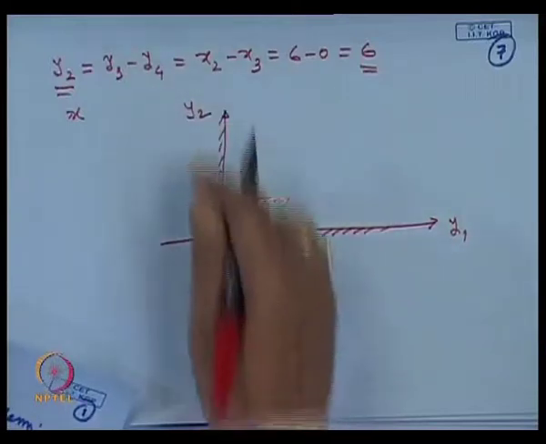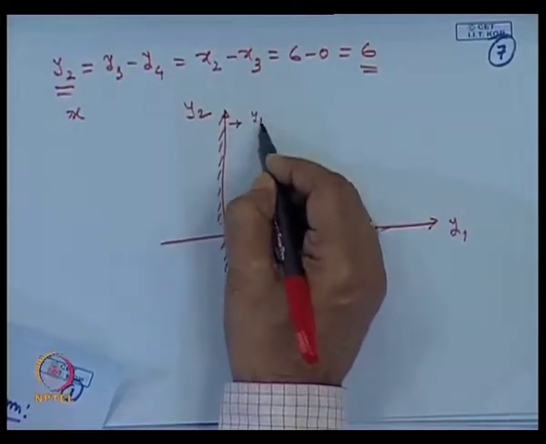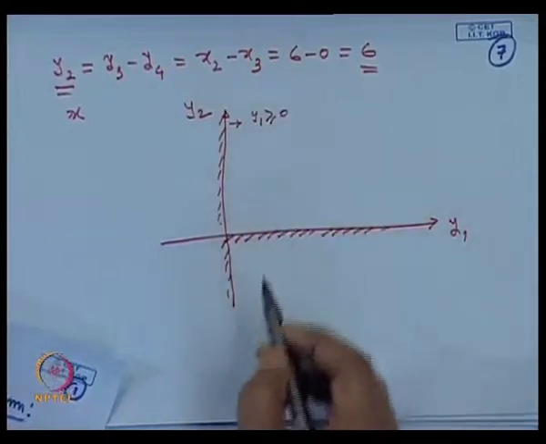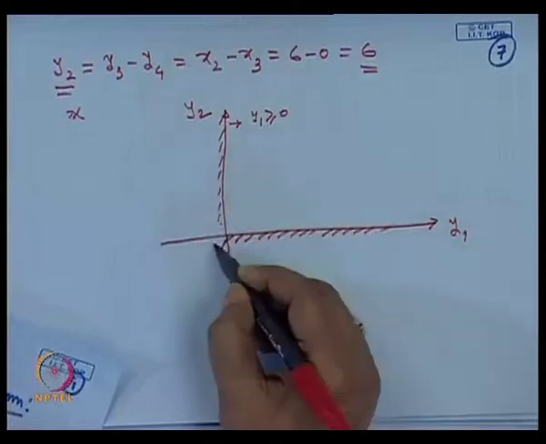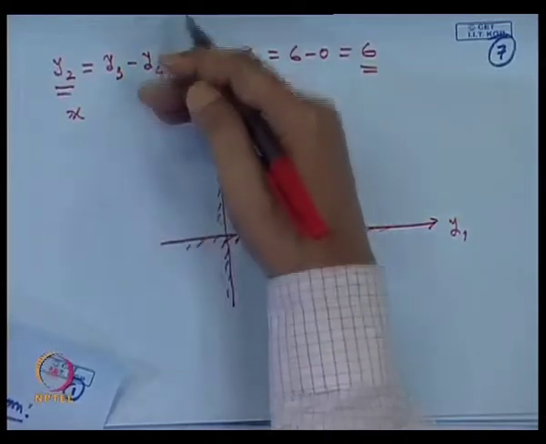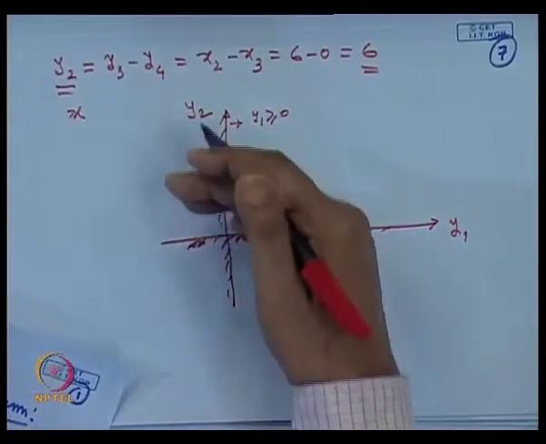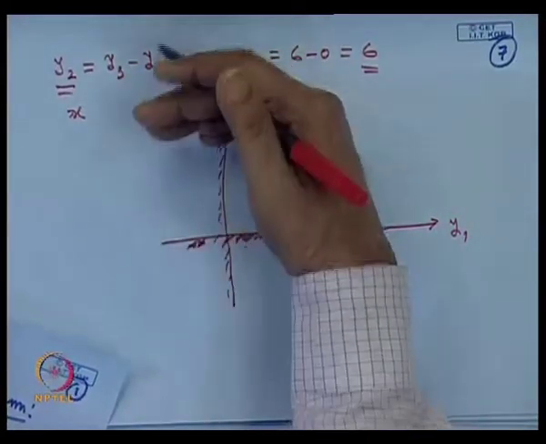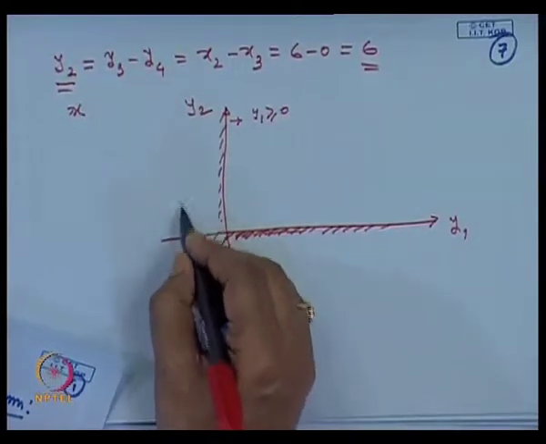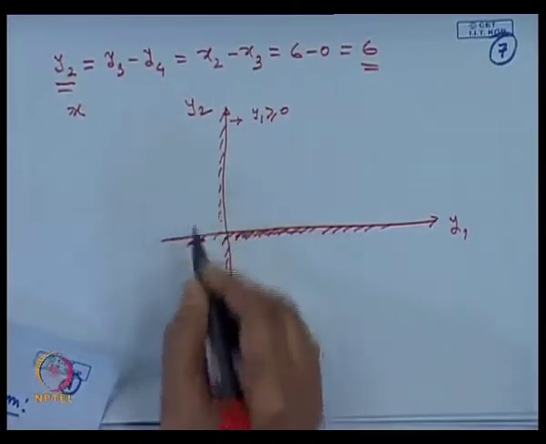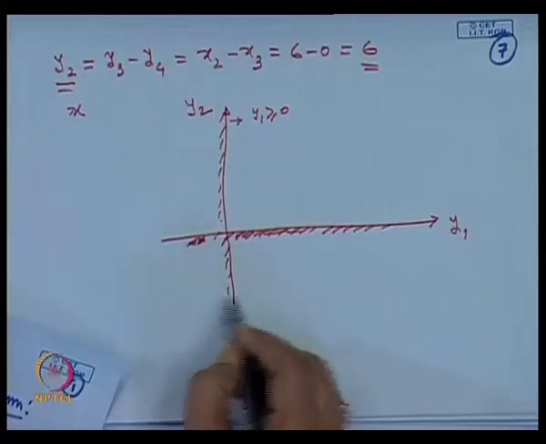This region is y 1 greater than or equal to 0. Either the top side or bottom side is y 2: the top side is y 2 greater than 0, and the bottom side is y 2 less than 0.